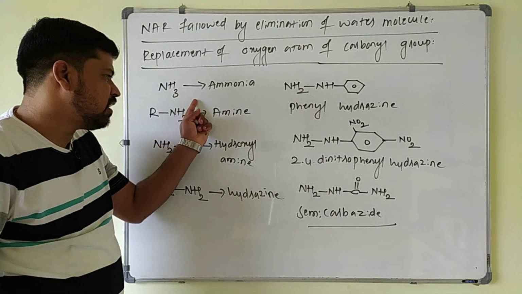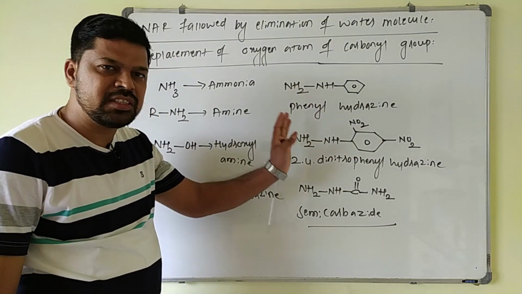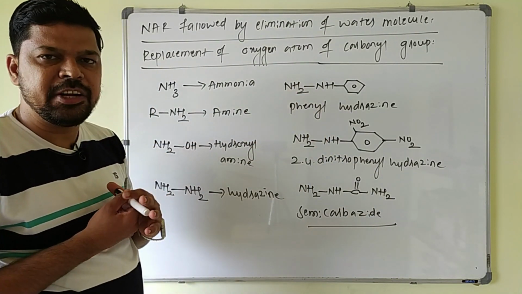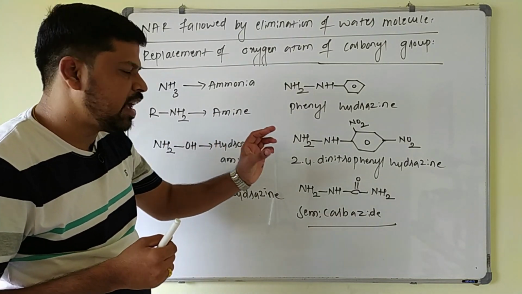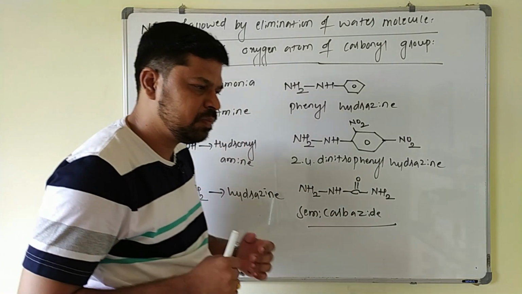So this is ammonia and its derivatives, all these compounds, they will react with aldehyde and ketone to form compounds containing a carbon nitrogen double bond. We will see the reaction of each of these derivatives now.